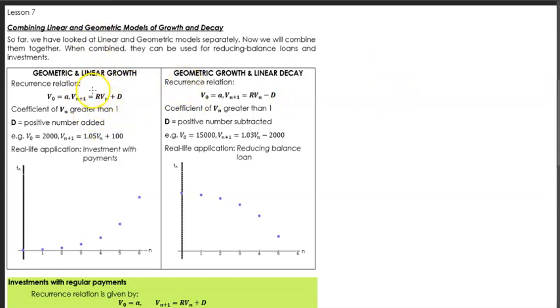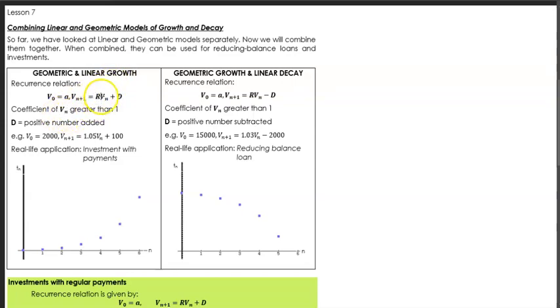For geometric and linear growth, the recurrence relation is as follows. We have an initial amount, V of 0 is equal to some amount a. And to get the next term, V of n plus 1, we get the previous term, multiply it by a common ratio r, and then we have this new thing that tags along where we're adding a common difference. There's a few protocols that we have to follow here.